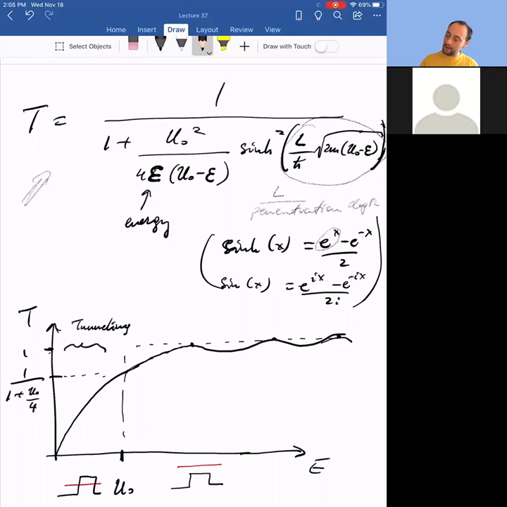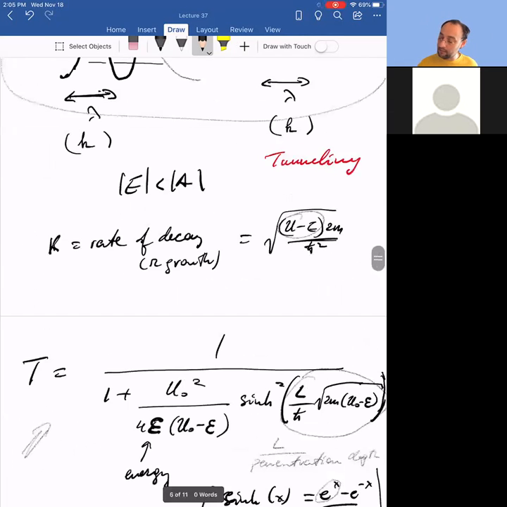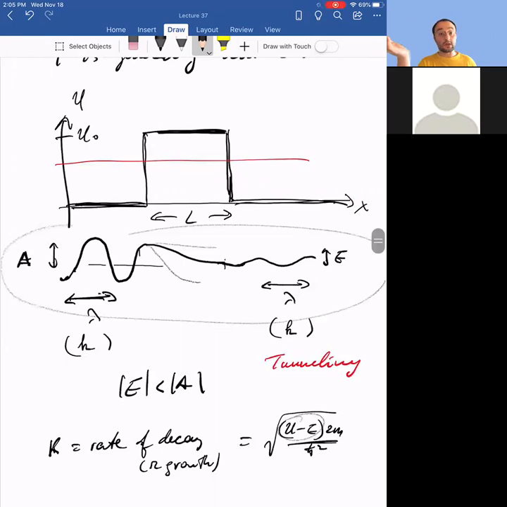So when L is much larger than the penetration depth, that factor inside the sinh is very large. And I discussed that you can make L larger than penetration depth either by increasing L and keeping the energy, or you can keep the L and you make the energy smaller so that the penetration depth becomes small.